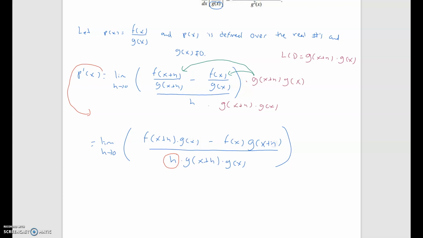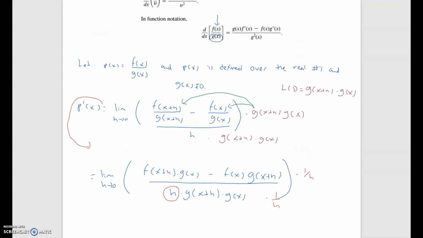There are also no h's on the top that will cancel with that one. So the trick here is going to be to multiply by 1 over h, and 1 over h. So we're unsimplifying in order to rewrite that h in the numerator so that we can use the limit and then rewrite our answer in this sort of form.